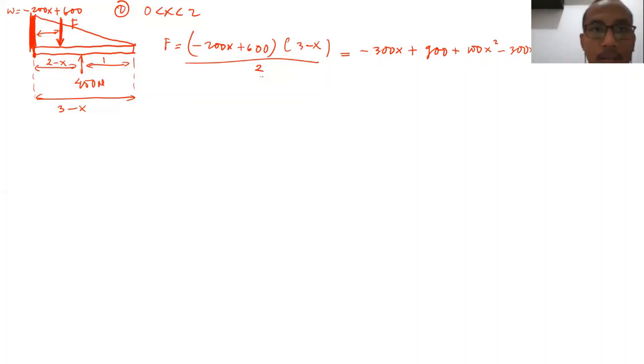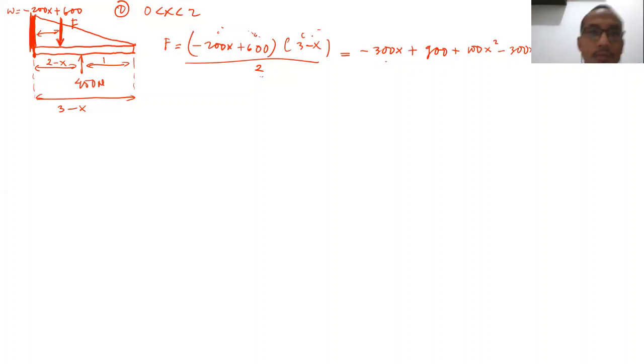Okay, so let me check again. 100 multiplied by minus 100, okay, it's correct. So 300 multiplied by this, correct, positive. Then this one multiplied by this plus x. Okay, this one multiplied by this.